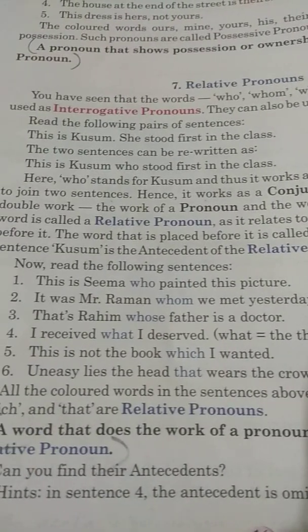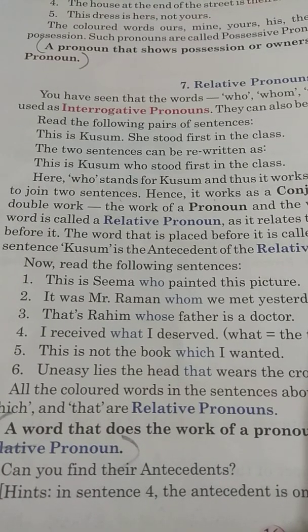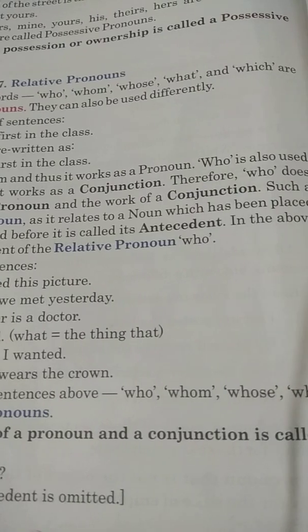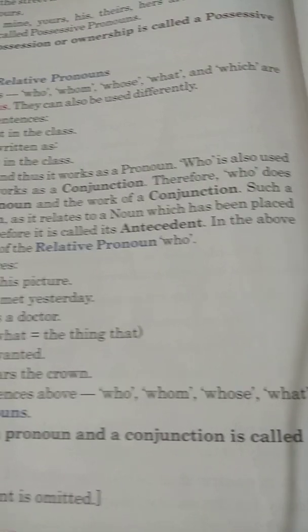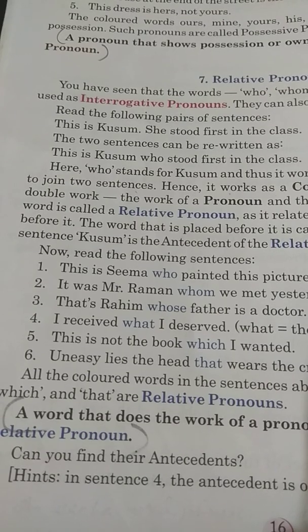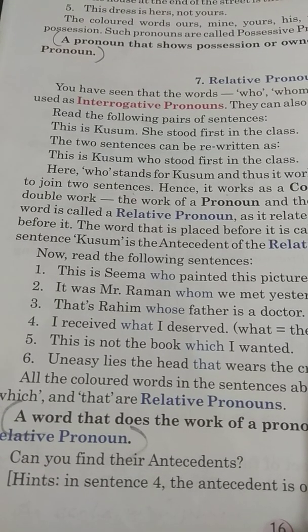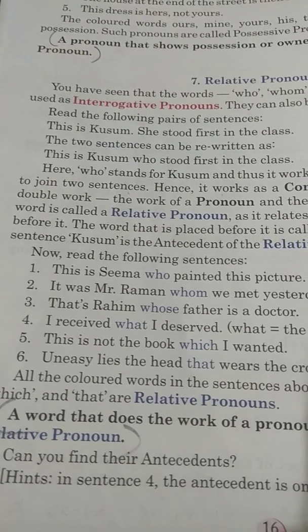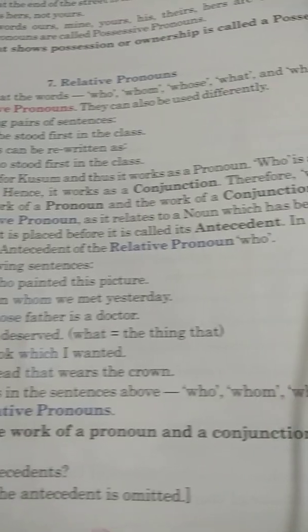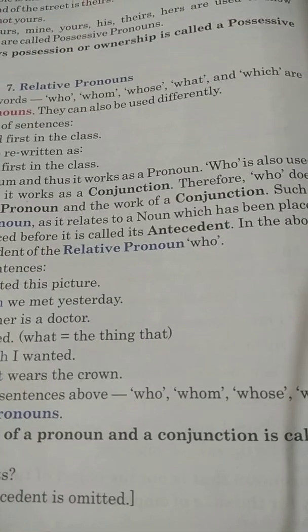Such a word is called a relative pronoun, as it relates to a noun which has been placed before it. The word that is placed before it is called its antecedent.